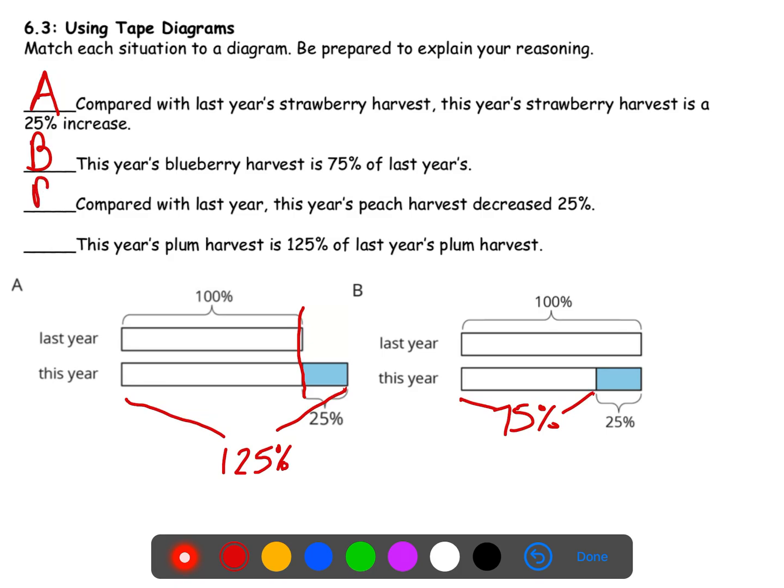That's still diagram B. And then this year's plum harvest is 125% of last year's plum harvest. That's an increase. So just a little more practice with these diagrams. Just remember that we're looking at an increase here and a decrease here in how it's shown.